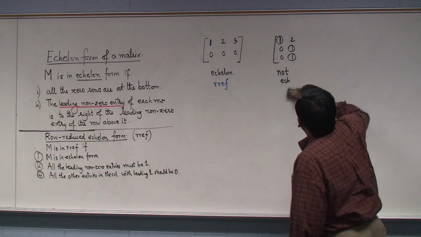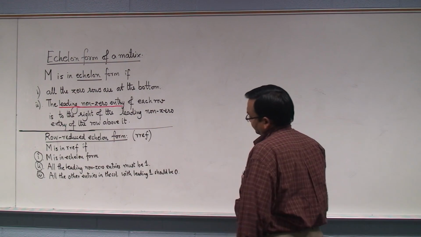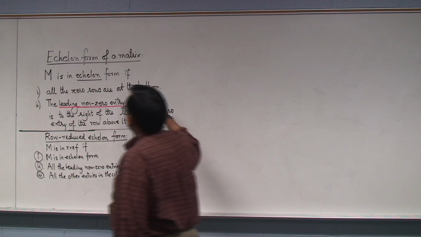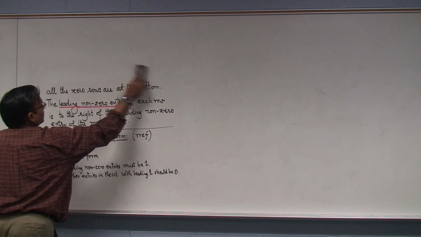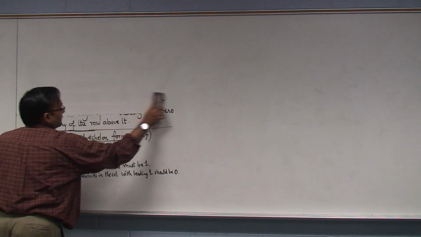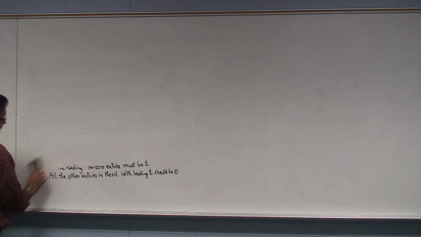So in a nutshell, what we want to do is, given an augmented matrix, see how to get its echelon form and how to get its row-reduced echelon form. So let me start with the same example that we were trying to solve. And this time we try to get its row-reduced echelon form.